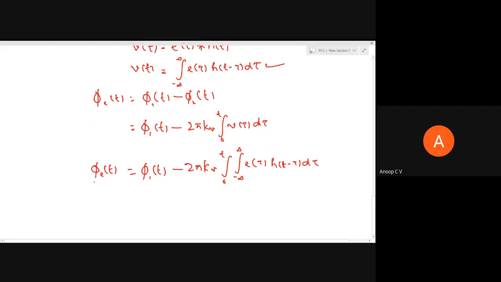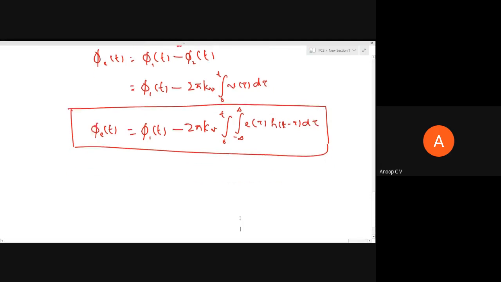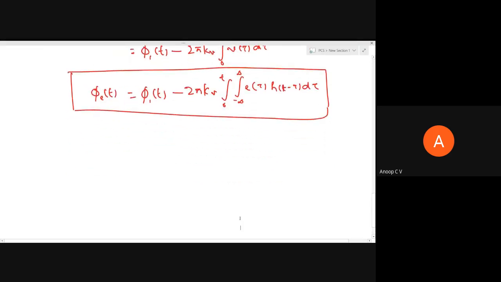Now, if I differentiate it with respect to time, this PLL is a closed loop, negative feedback system. Any system I can represent using its integro-differential equation.